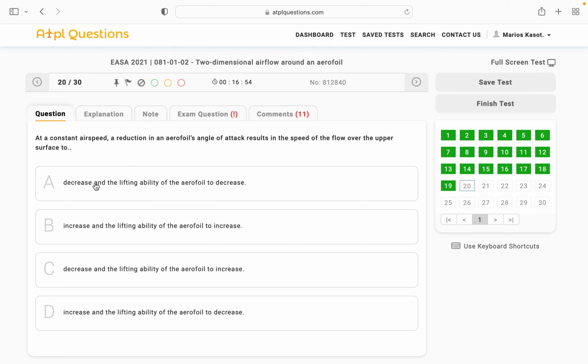Constant airspeed. Decrease and the lifting ability of the airfoil to decrease. Increase and the lifting ability of the airfoil to increase. Decrease and the lifting ability of the airfoil to increase. Increase and the lifting ability of the airfoil to decrease.